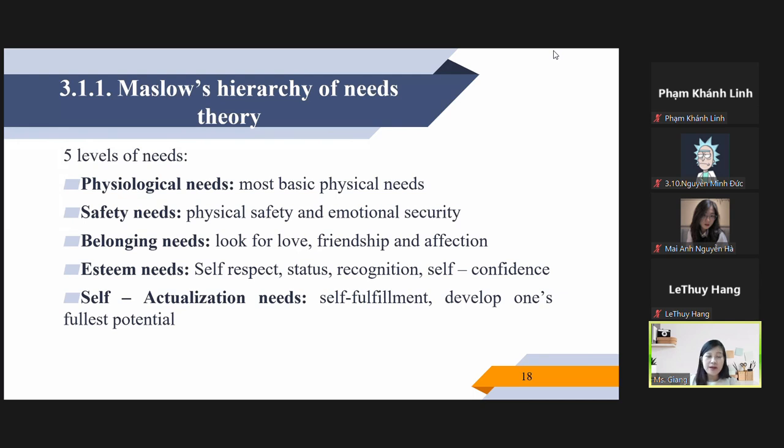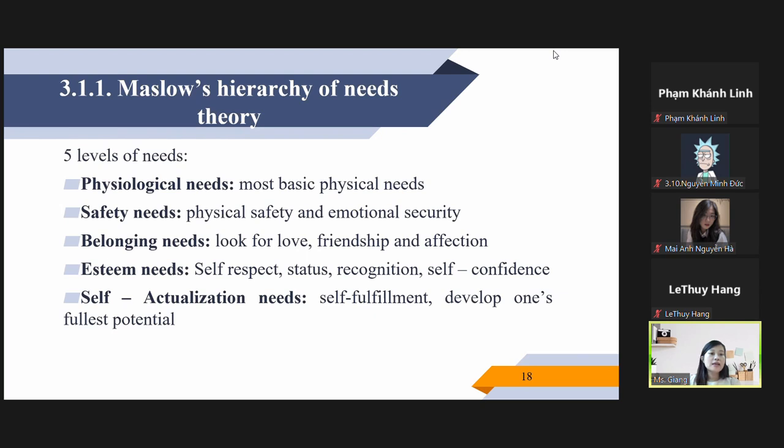We have learned about this theory in the very first topic of our module. We have the 5 levels of need: the physiological needs, the safety needs, belonging needs, esteem needs, and self-actualization needs.